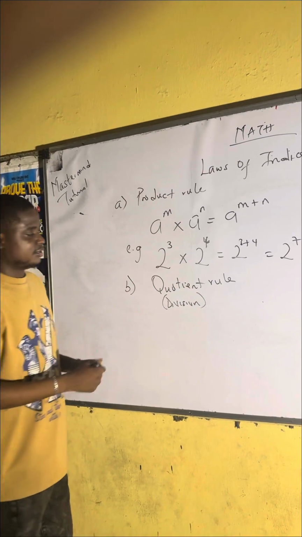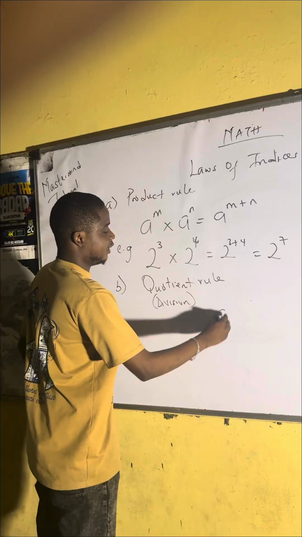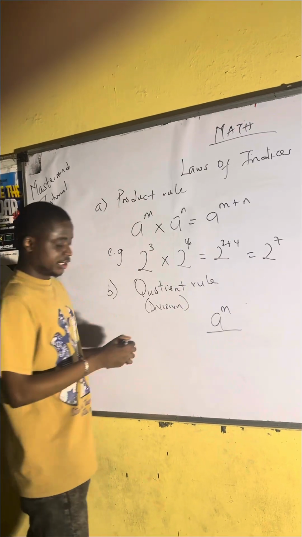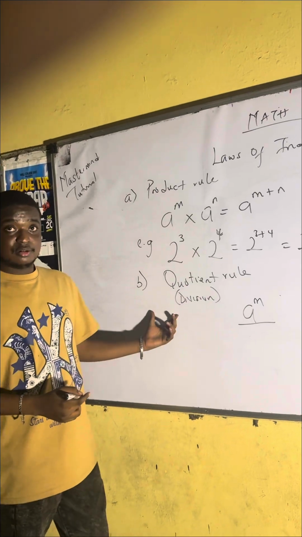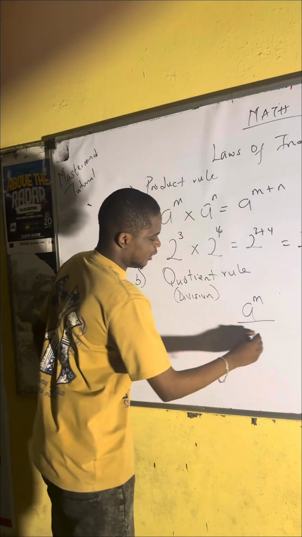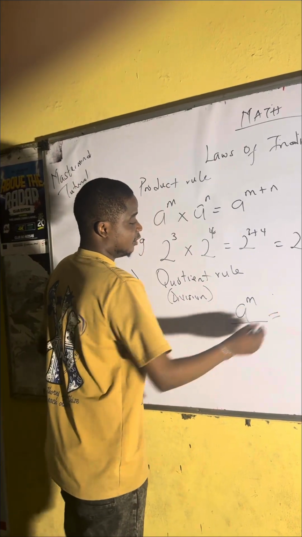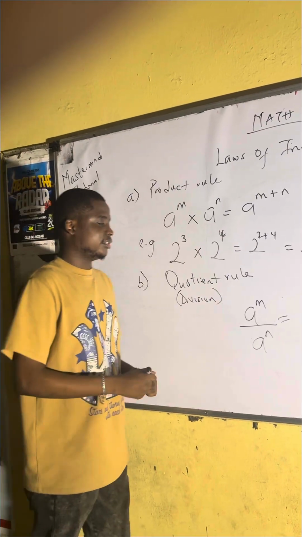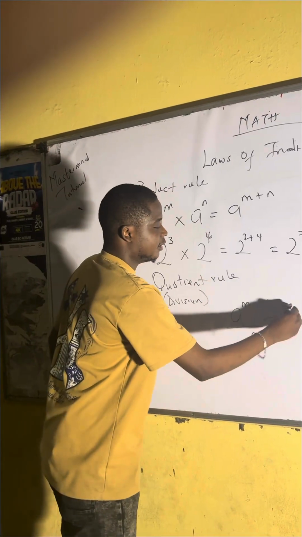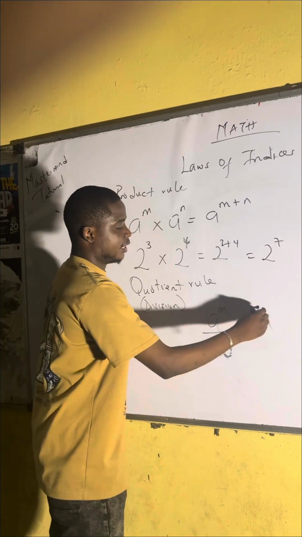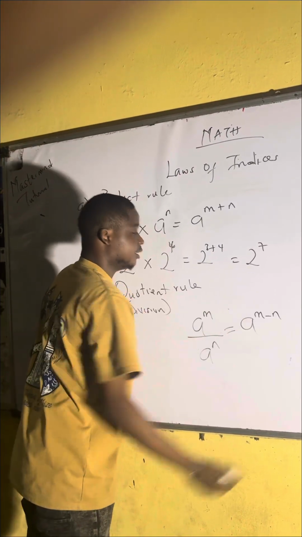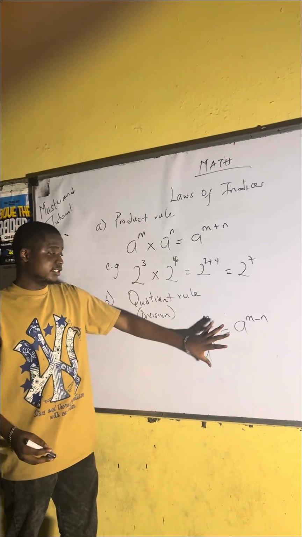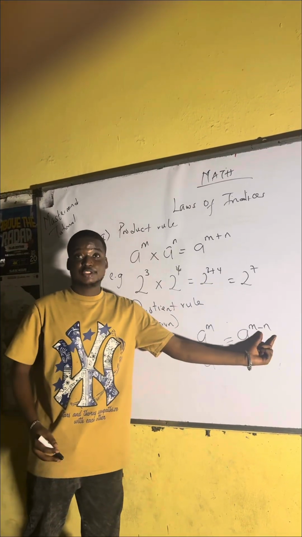You have a raised to the power m over a raised to the power n. I said quotient means division. This can easily be expressed as a raised to the power m minus n.